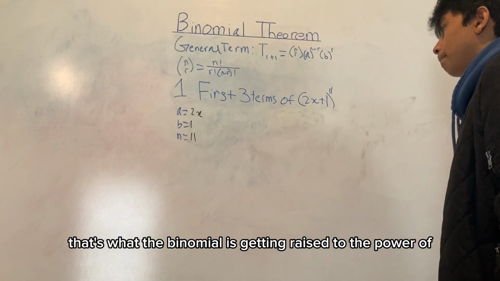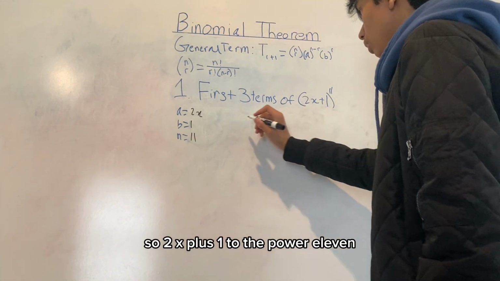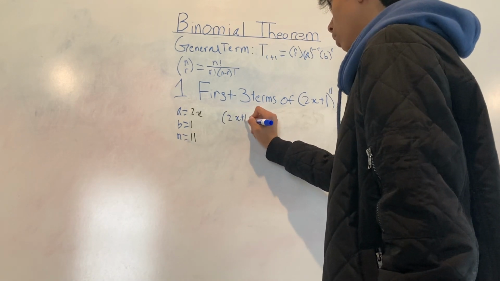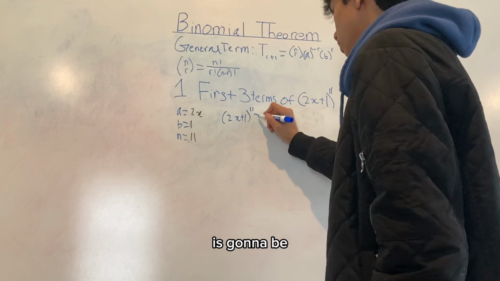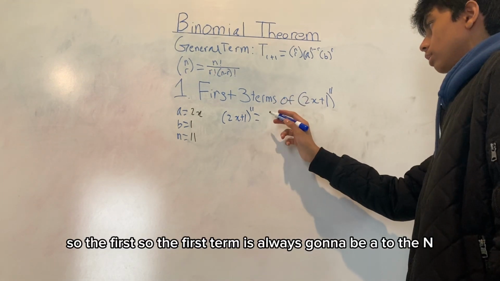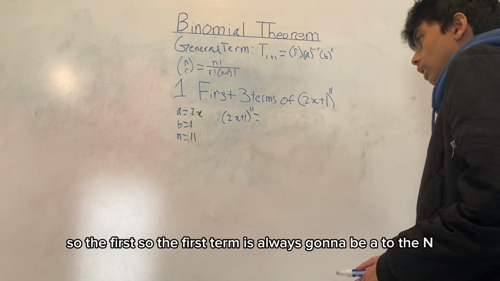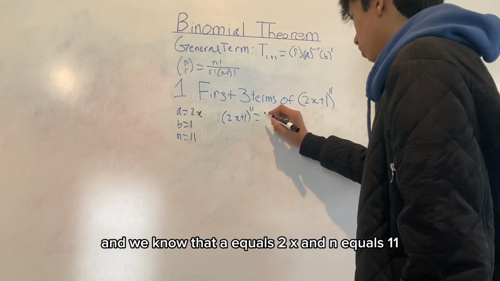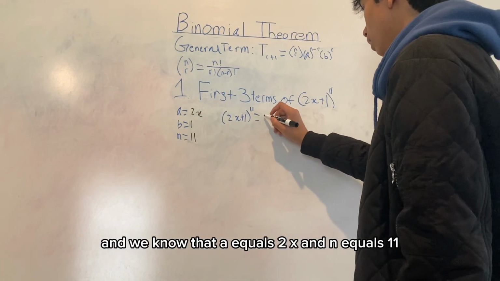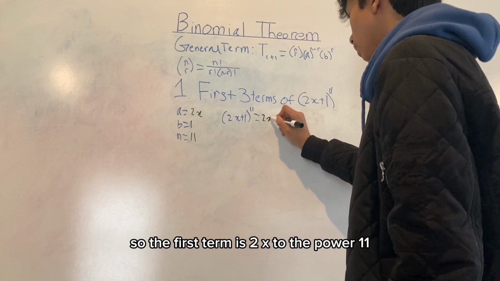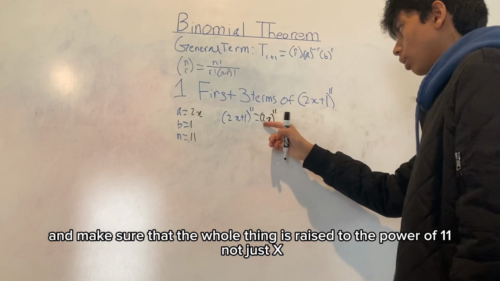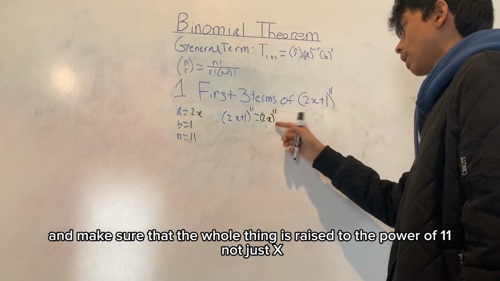So for (2x + 1) to the power 11, the first term is always going to be a to the n, and we know that a equals 2x and n equals 11. So the first term is (2x) to the power 11, and make sure that the whole thing is raised to the power 11, not just x.